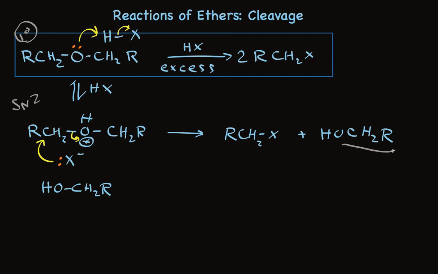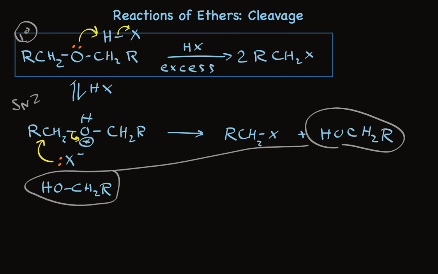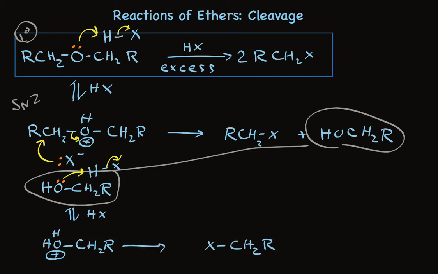So let me take this mole of alcohol that was made in this reaction and write it right down here. And again, we'll picture a reaction with HX, protonation on oxygen, in an equilibrium reaction, which we can track with our arrow pushing. And now we have a good leaving group. So another SN2 reaction happens, displacement of water by the halide.